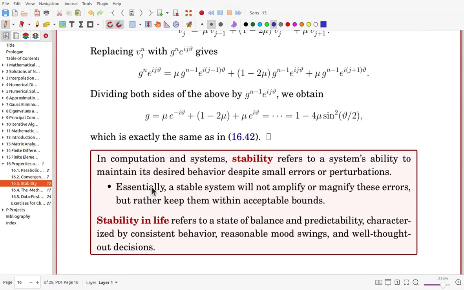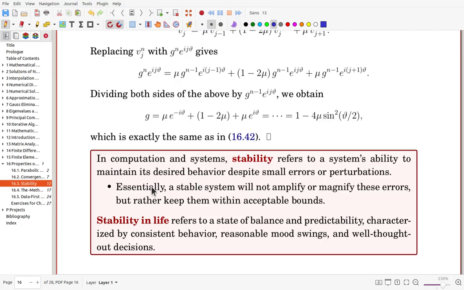In computation and systems, stability refers to a system's ability to maintain its desired behavior despite small error perturbations. Essentially, a stable system will not amplify or magnify these errors, but rather keep them within acceptable bounds.